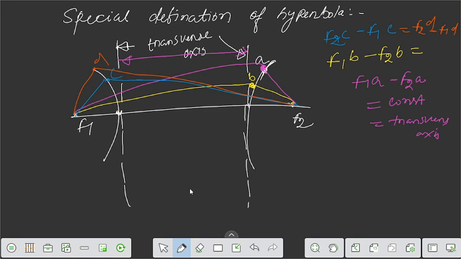In this way, the difference between these distances will always be constant, and the constant value will be the transverse axis.